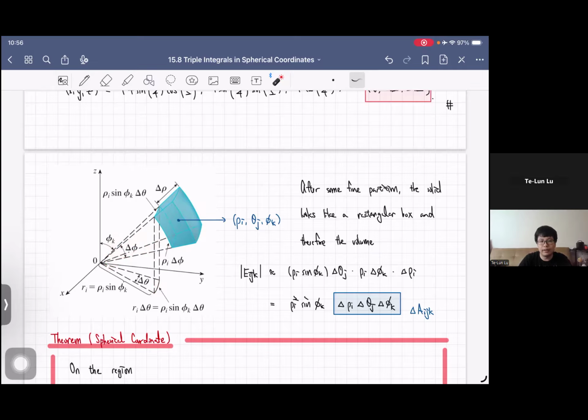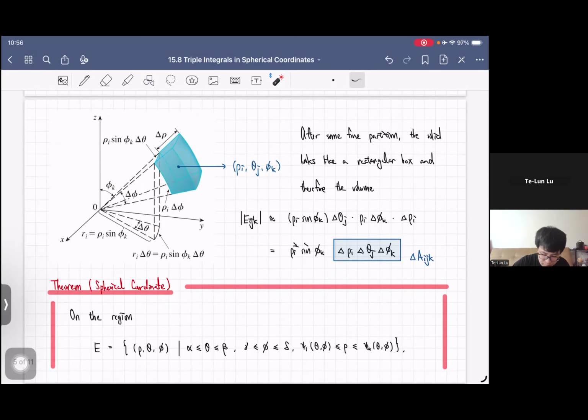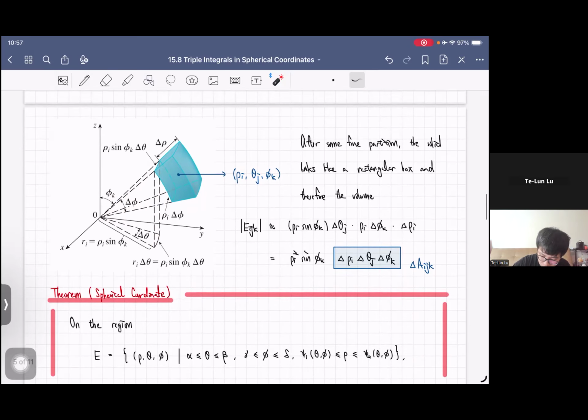Now, how do we compute this volume in terms of rho, theta, and phi? We want to calculate this solid, which looks like a sector kind of object.